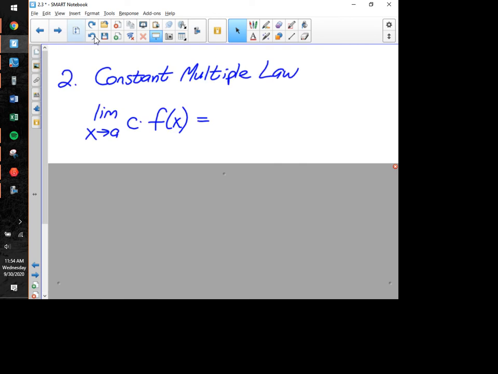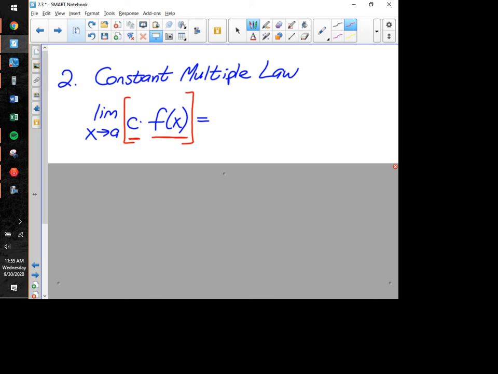And this is another law, much like the sum and difference law, that shows up 2 more times during the course of the year. Again, a second time with derivatives that we'll do in Chapter 3, and a third time with integrals, which we will do in Chapter 5, probably in January. And in each of those cases, I really should have had a set of brackets here. What we're doing is, in this case, taking a limit of the product of a constant value, c, multiplied by a function.